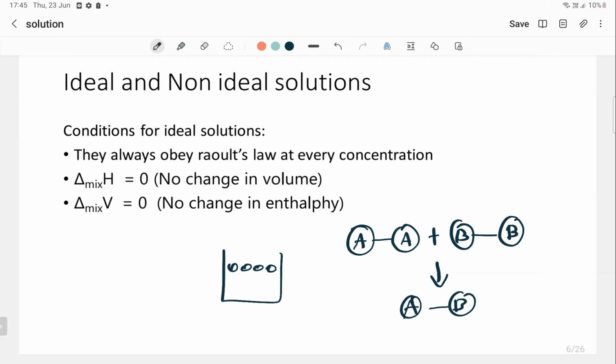Yes. Second one is delta mixing enthalpy. What is delta mixing enthalpy in the sense? If I'm taking sodium chloride and I'm dropping it in water, I will keep on stirring. Why do I keep on stirring? To mix it up, for uniform distribution.